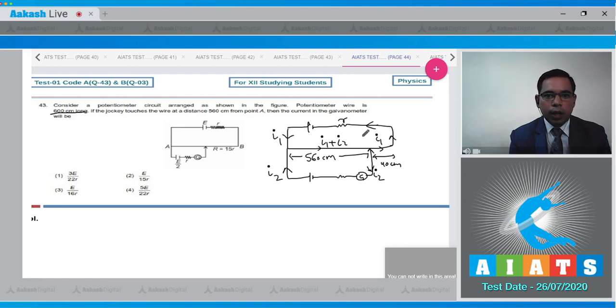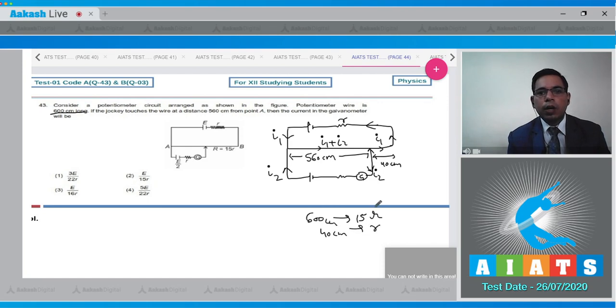This is given as R, and the total resistance between A and B is given as 15R. That means 600 length corresponds to 15R, then 40 centimeter length corresponds to R. That means this resistance is R and this resistance is 14R.